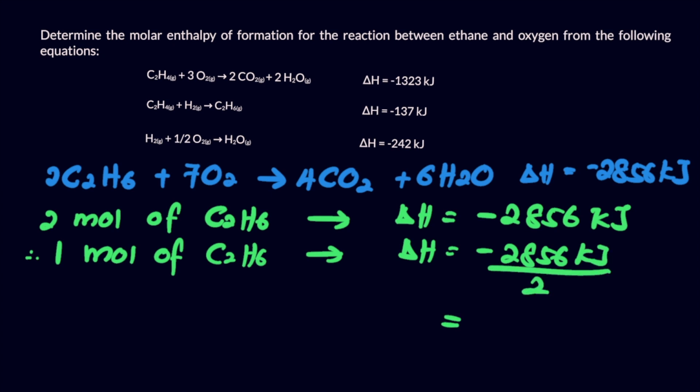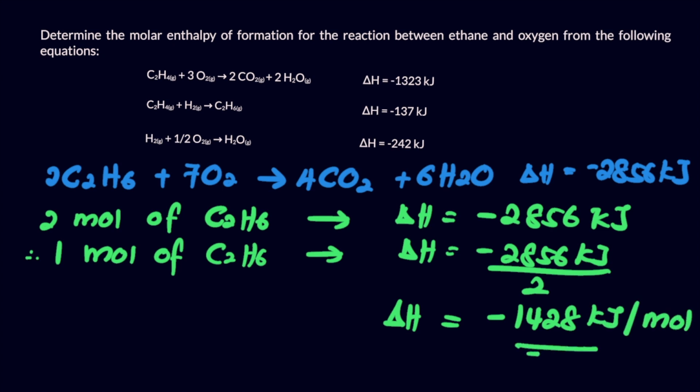You should get the delta H is equivalent to negative 1428 kilojoule per mole. Right, so this is the final answer for the third question.